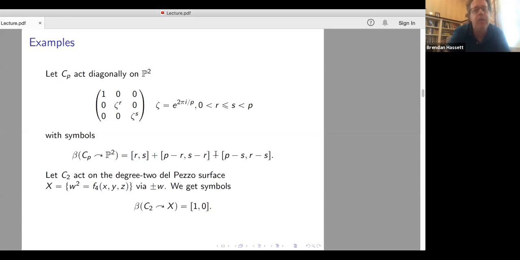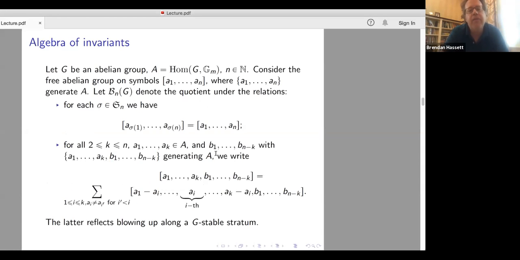Hopefully you can see that it's fairly straightforward, when you're blowing up these G-invariant strata, what happens to the fixed points and their weights as you go through the blow-up process. Okay, and so B_n(G) is just the quotient under these relations: a permutation relation and a blow-up relation.